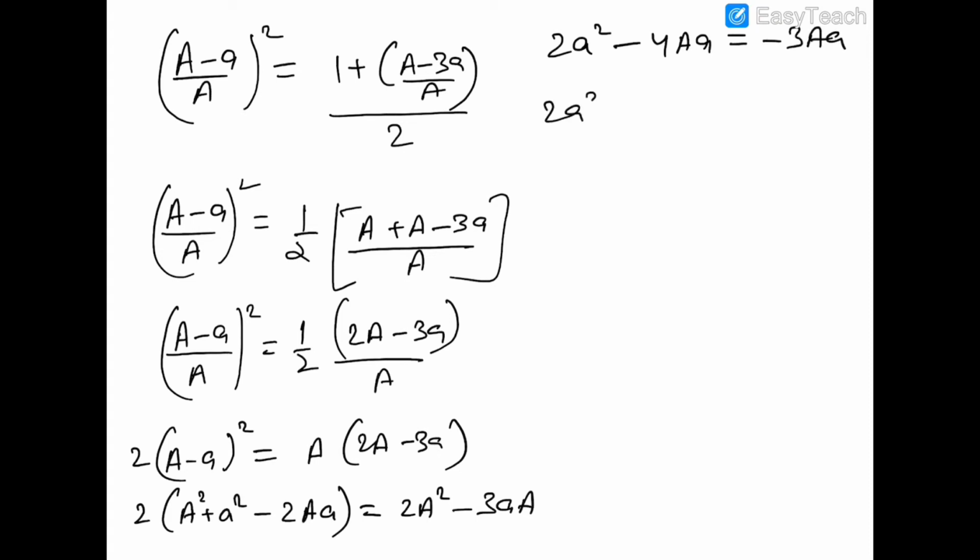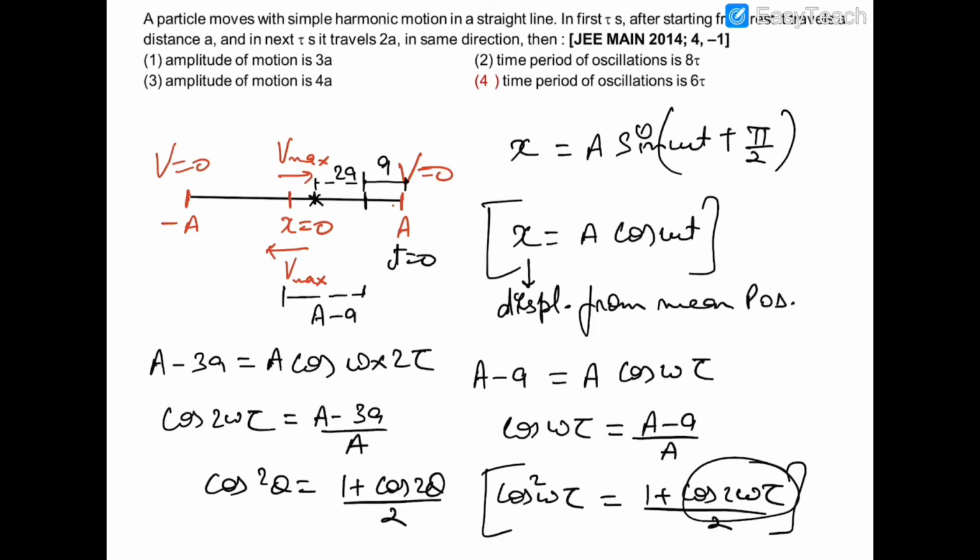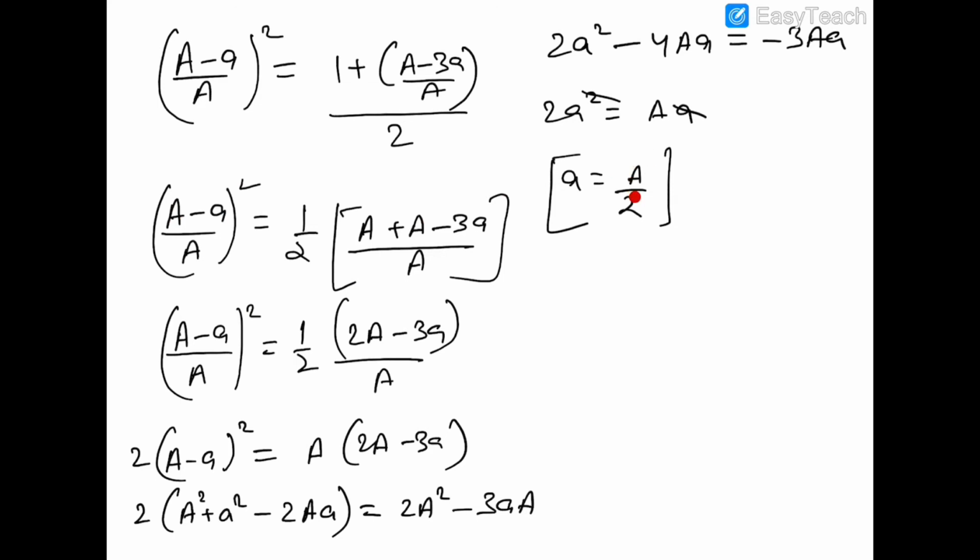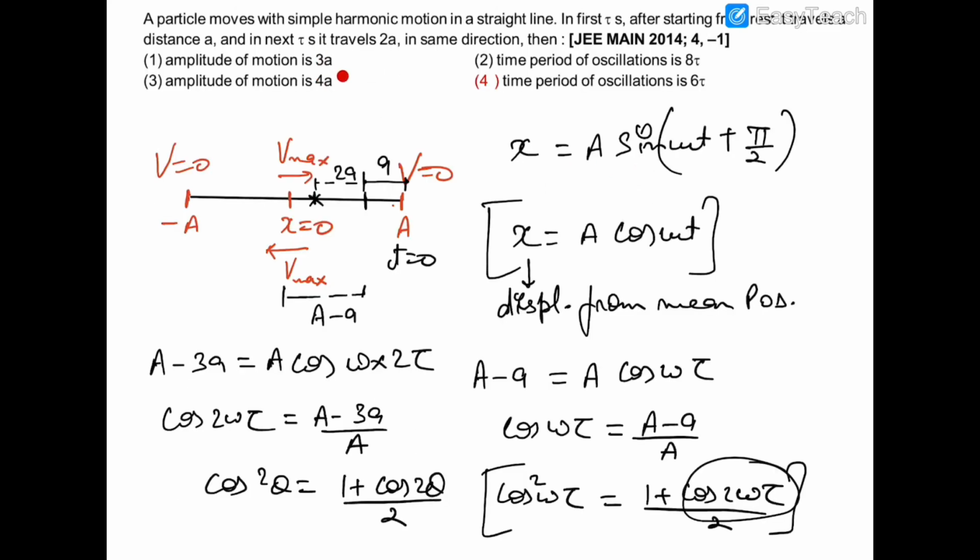So 2a square is equal to Aa, and therefore small a is equal to A by 2. Now we have to find out the amplitude. So amplitude A is equal to 2a. So there is no option which contains the correct value of amplitude.